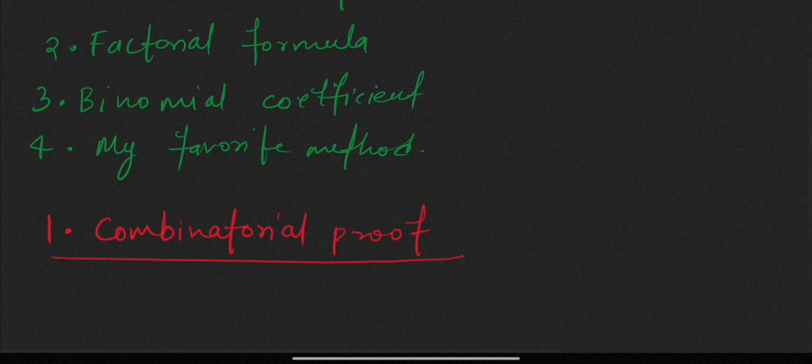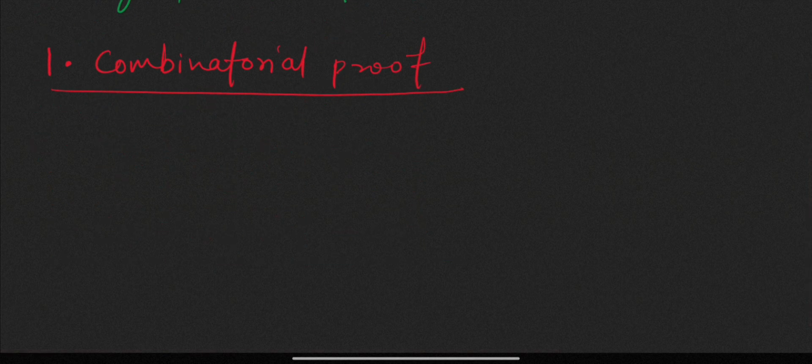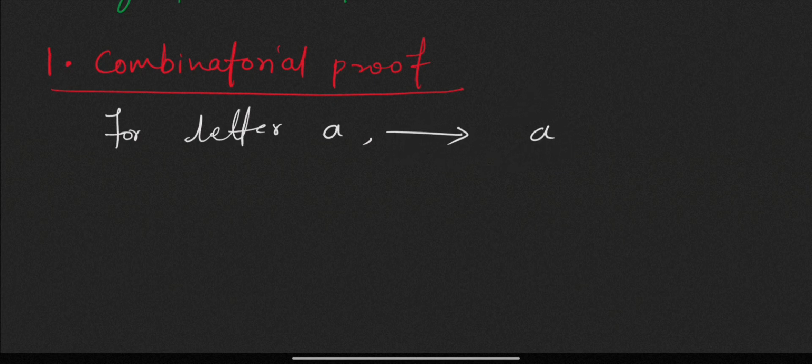So first let's see what is meant by arrangement of objects. Suppose I have a letter A. For letter A, we can arrange this letter into one way only, that is A.